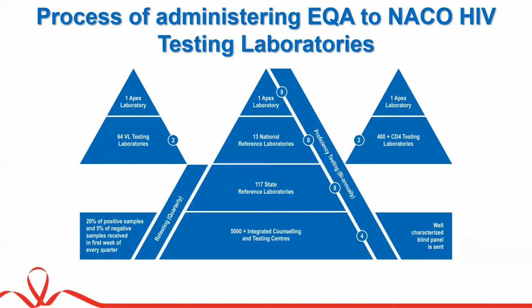Above them are the state reference laboratories, and above them the national reference laboratories and the apex laboratory. So how is external quality assessment implemented in this HIV serology network? Here retesting and proficiency testing both are implemented as part of the quality assessment program.